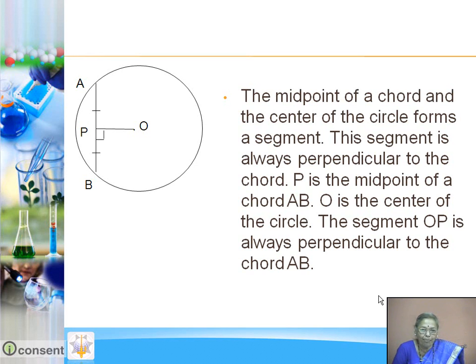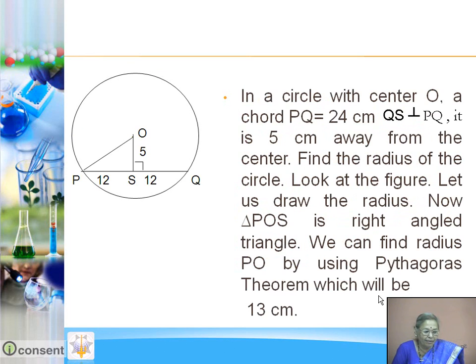Now let us solve one example based on this. O is the center of the circle. OS is the perpendicular drawn on the chord PQ. The length of the chord is 24. We have to find the radius of the circle. Think about it.